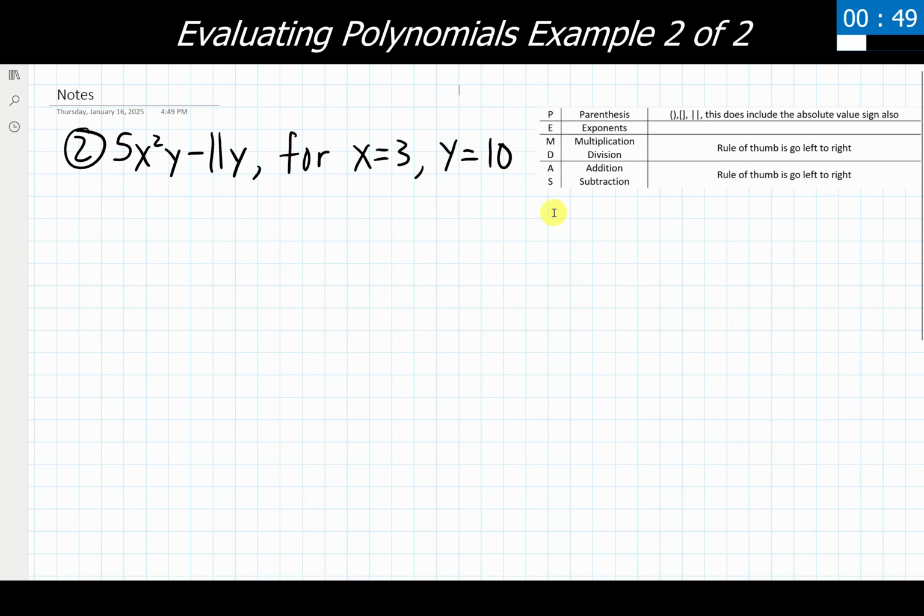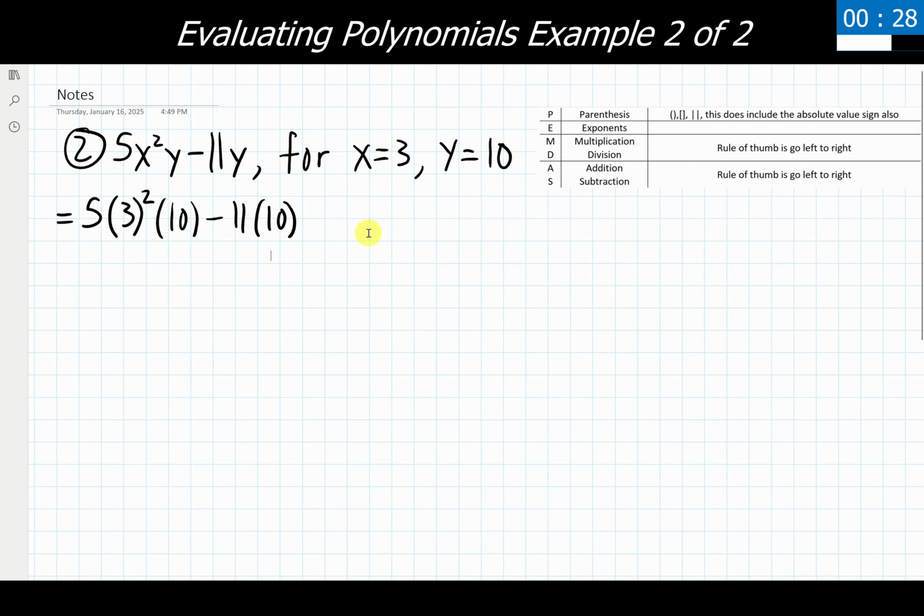So just like we did with our previous example, we're going to be plugging in and substituting in 3 and 10 for x and y respectively. Make sure again when you are doing this substitution, even if they're all positive numbers, doesn't matter, always substitute them inside of sets of parentheses.